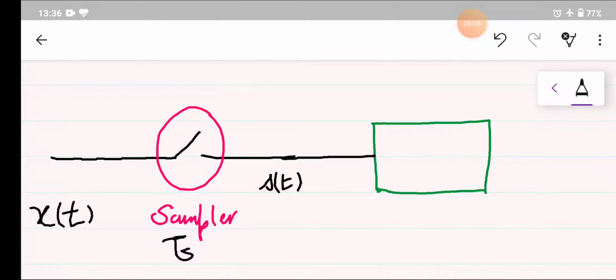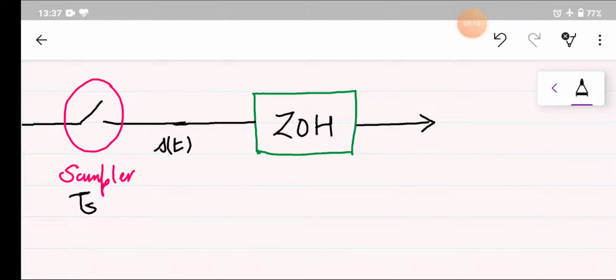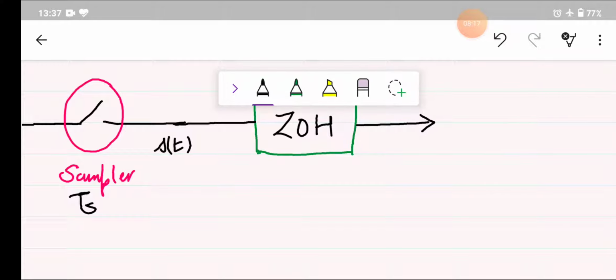So this zero order hold circuit will hold the value of the signal for the time period Ts.